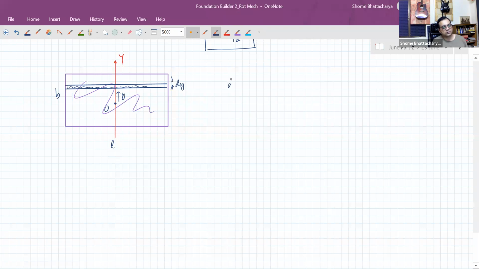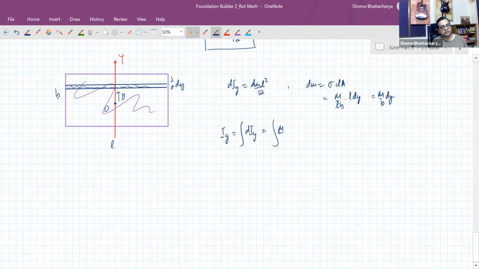So you will see that this time your dm should be m by b into dy. So when you integrate this, you end up integrating this.